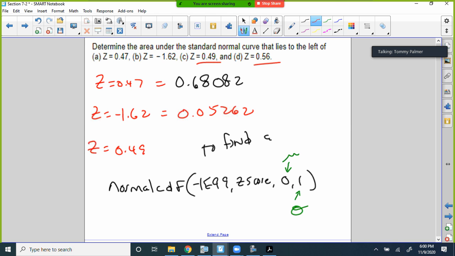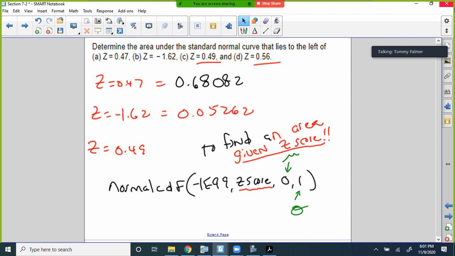Define an area given a z-score. Okay, so to find the area given a z-score, this is what you're going to do. I put negative 1E99 comma z-score comma 0 comma 1, right? We've got to put the z-score in.